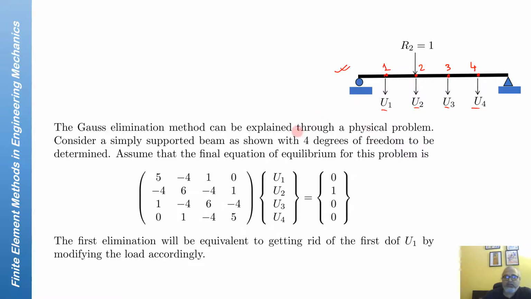So now suppose again that the global stiffness matrix after assembly is this, and this is your external force vector, and you are going to solve for u1, u2, u3, u4. Now to do that, you are going to multiply the first one by minus 4 by 5 and this side also by minus 4 by 5.